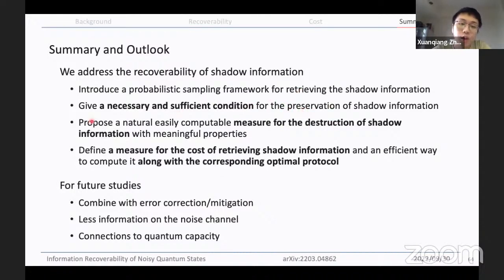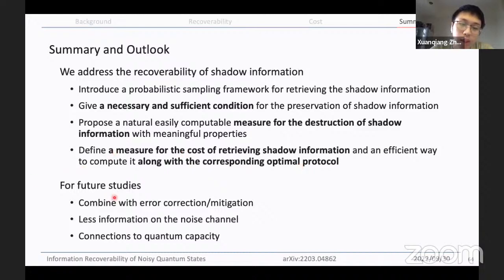And based on this condition, we propose a natural, easily computable measure, which is the shadow destructivity, for the destruction of shadow information. And it has some meaningful properties. Then we define a measure called retrieving cost to measure the cost of recovering a certain piece of shadow information. It is efficiently computable with semi-definite programming, and the semi-definite programming will also give us the corresponding optimal protocol.